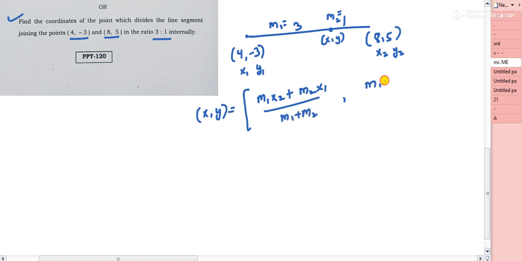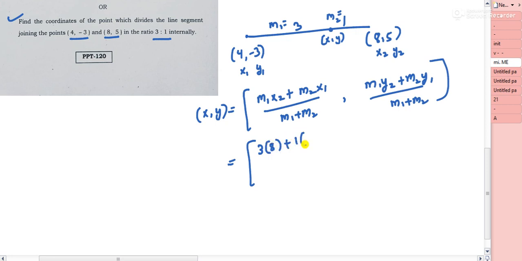Comma (m1 y2 plus m2 y1) divided by (m1 plus m2). Now after substituting the values, what is m1? 3 into x2 is 8 plus m2 is 1 into x1 is 4 divided by 3 plus 1, comma m1 is 3 into y2.